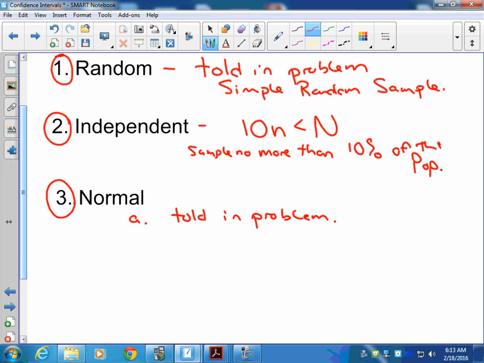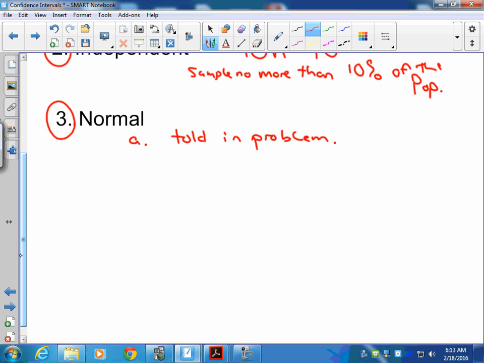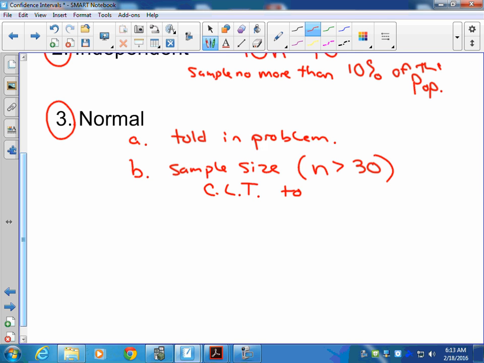The other method, if we move up from least difficult to most difficult, is based on sample size. Our general rule for sample size is n greater than 30. So if our sample size is greater than 30, we can use the central limit theorem to assume normality.